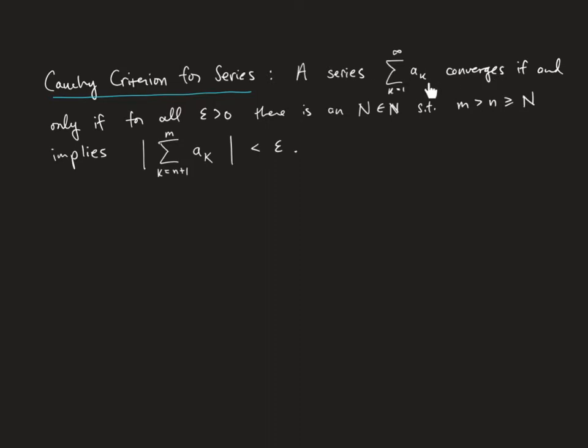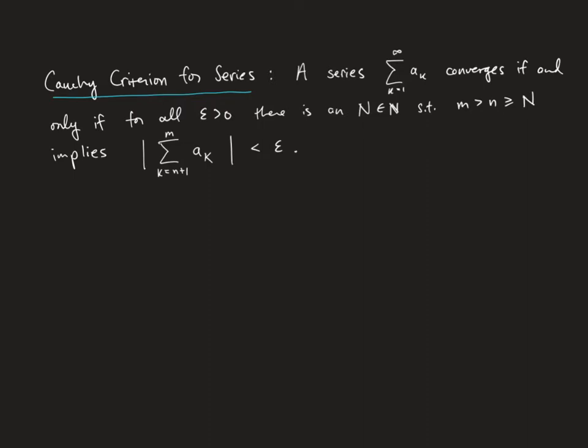So this is what the Cauchy criterion looks like for series. A series converges if and only if the sequence of partial sums is a Cauchy sequence. That means for all epsilon greater than 0, there's a point big N such that, once we look at partial sums past that point, the difference in those partial sums is less than epsilon.